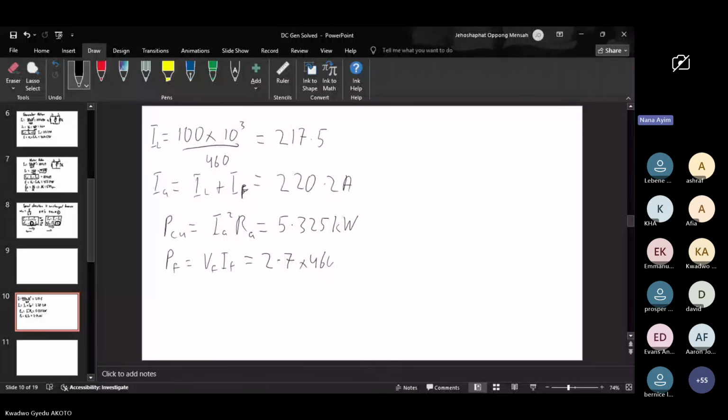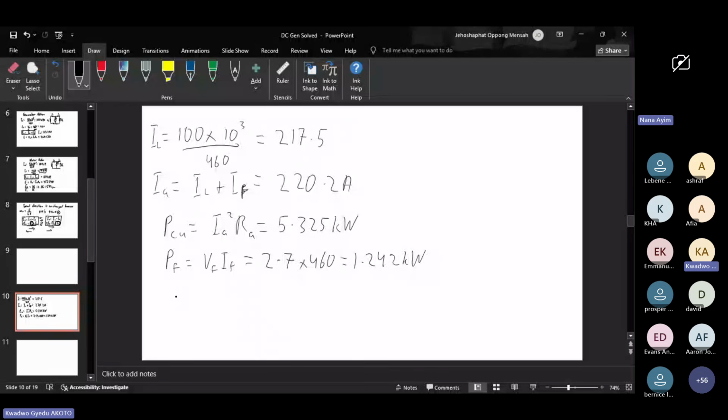We have losses in our shunt circuit. So this is pretty much copper losses in our shunt circuit, right? 1.242 kilowatts.